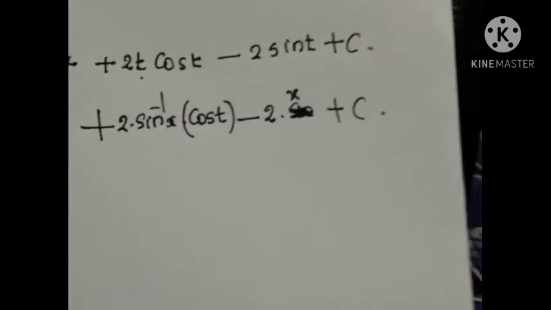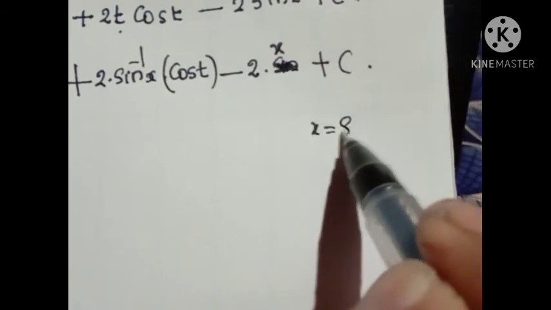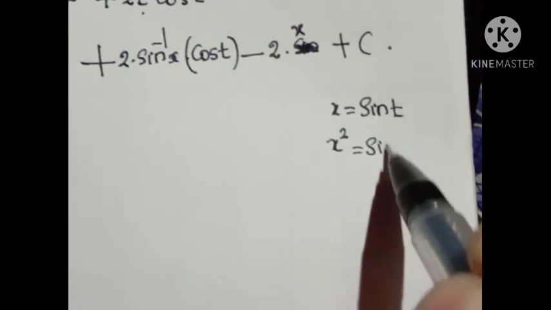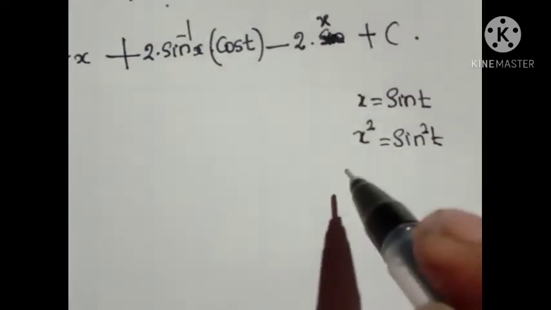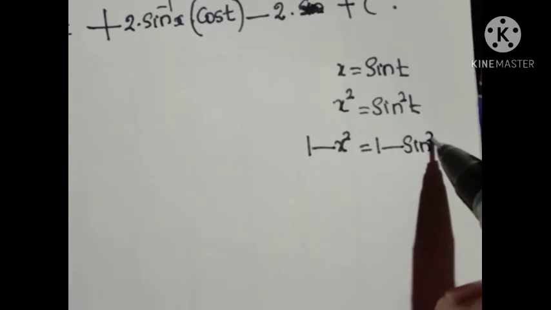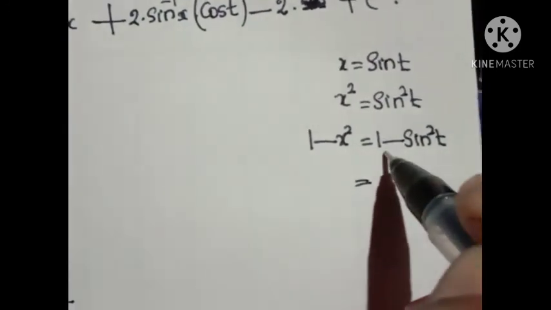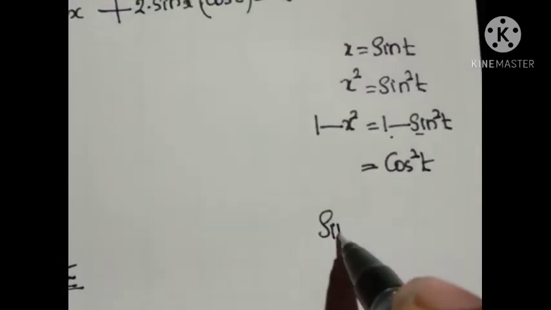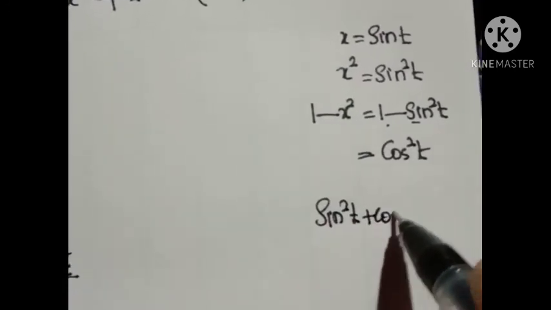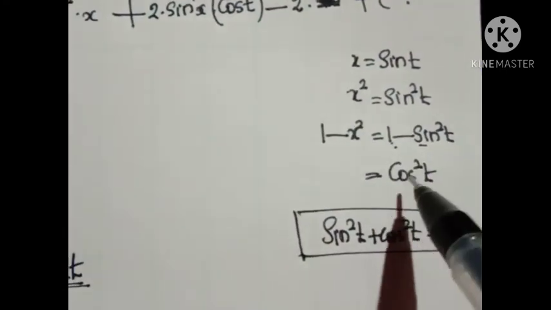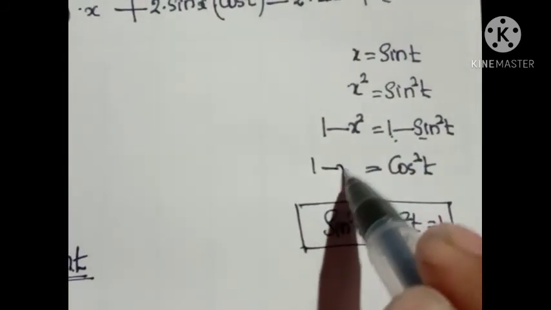Now x is sine t. So what is x square? x square is sine square t. Now what is 1 minus x square? It is 1 minus sine square t. And 1 minus sine square t is cos square t, because sine square t plus cos square t is equal to 1. From this identity we can write 1 minus sine square t is equal to cos square t.